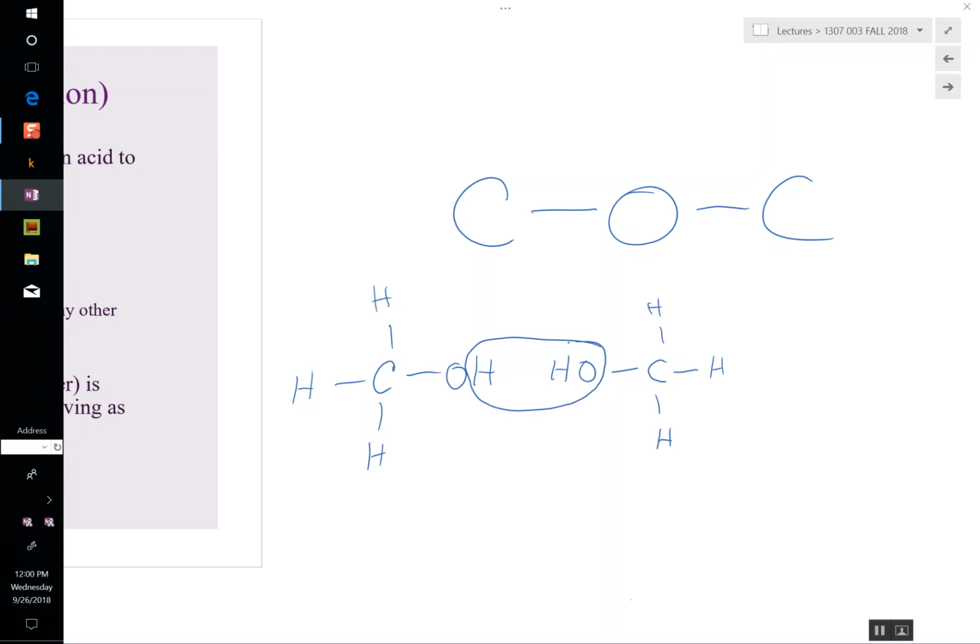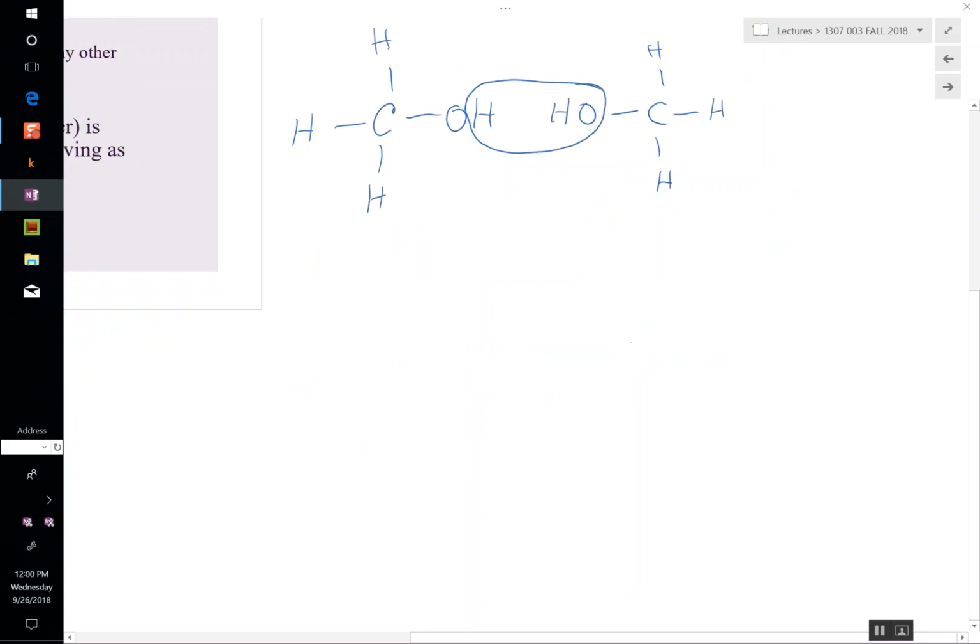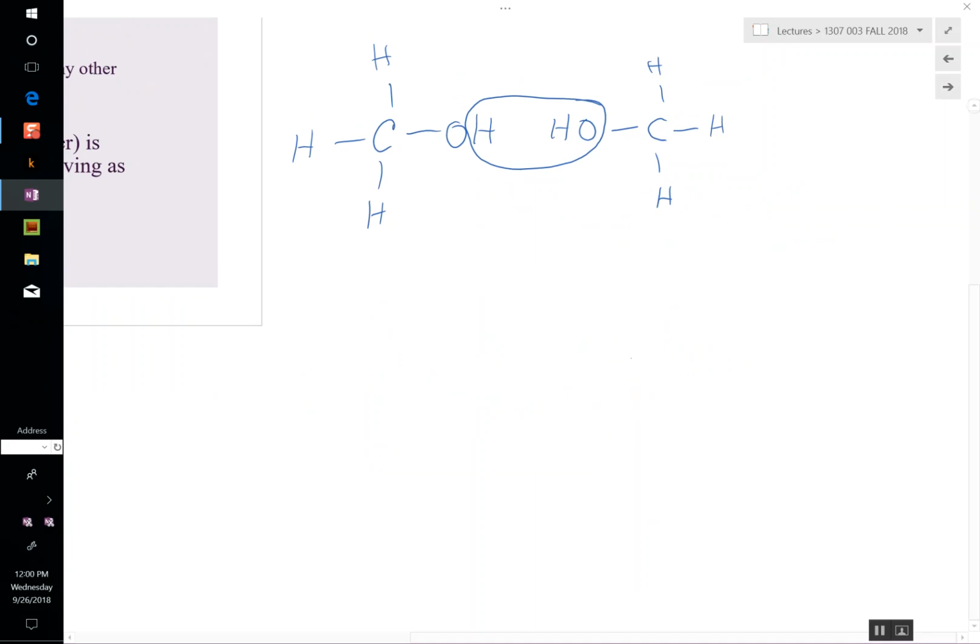What we just got done doing with Zaitsev's rule is eliminating a water molecule from an alcohol molecule. Where's the water coming from? From one single molecule. Here the water is coming from between 2 molecules. And you're going to get an ether.